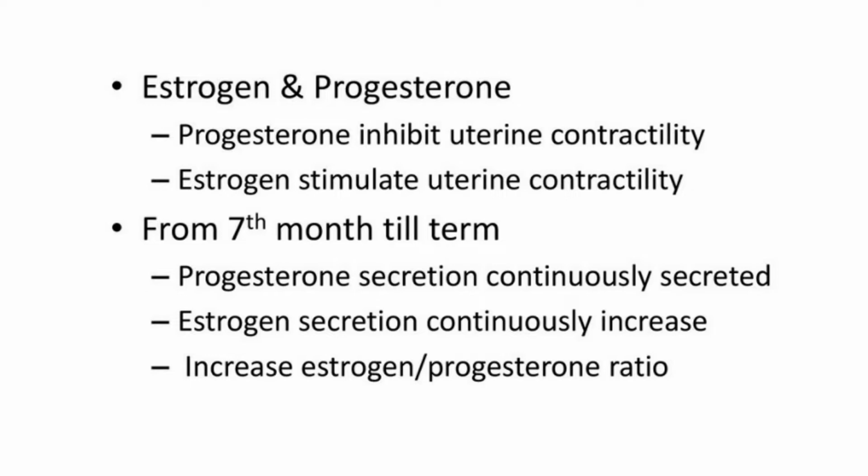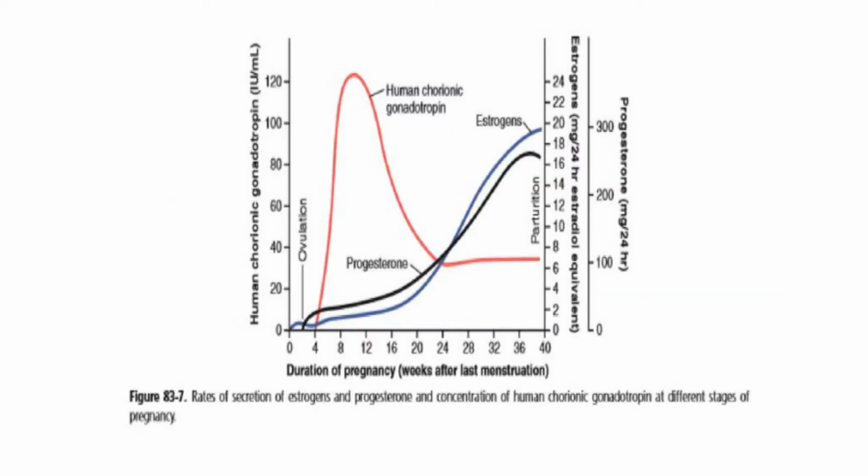From the seventh month till term, both estrogen and progesterone secretion continuously increase, but the estrogen secretion is increased more, and thus there is an increase in the estrogen progesterone ratio.